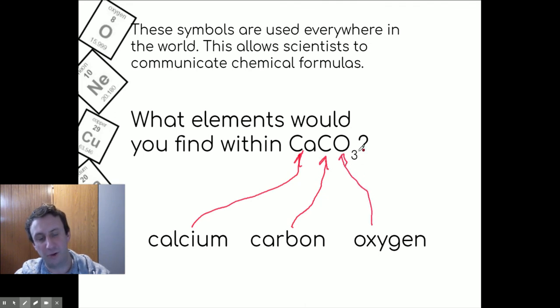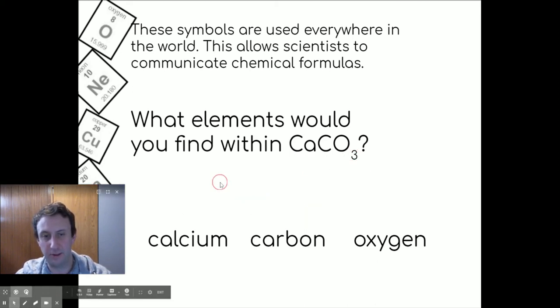Now this smaller number here, the subscript, tells how many atoms I have of that element within the compound. We're going to deal with that later on when we get to formulas. So right now we're not concerned about that. We're just concerned about the fact that we have 3 different elements within this compound. Okay, and let's erase this slide and move on.